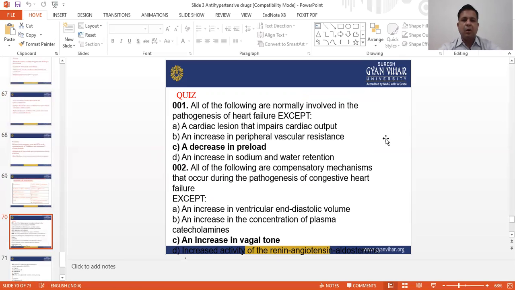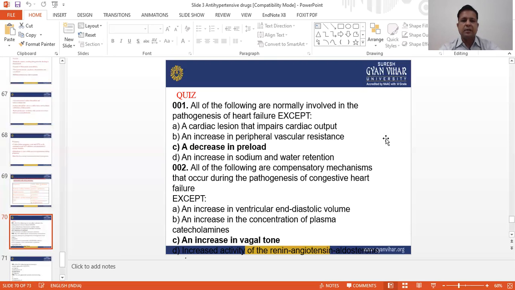Second question: all of the following are compensatory mechanisms that occur during the pathogenesis of congestive heart failure except: A, an increase in ventricular end-diastolic volume; B, an increase in the concentration of plasma catecholamines; C, an increase in vagal tone; D, increased activity of the renin-angiotensin-aldosterone system.